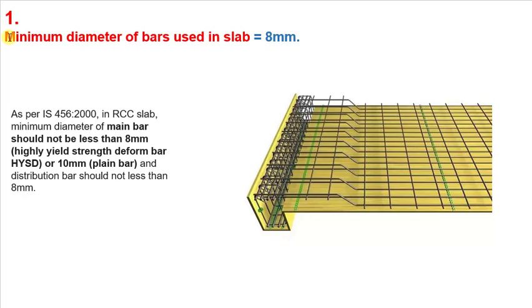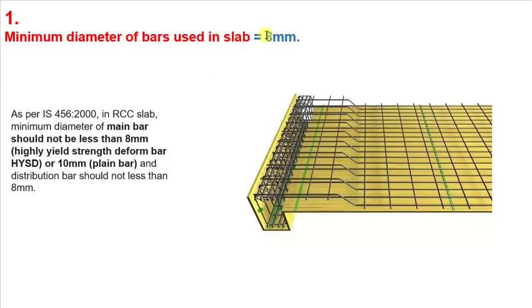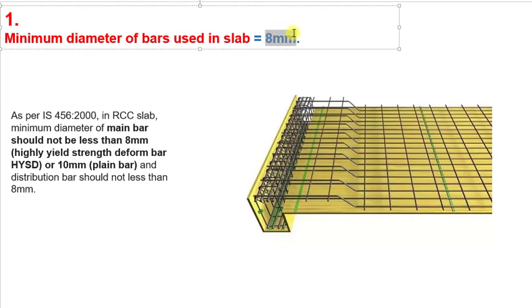The interviewer can ask you, what is the minimum diameter of a bar used in slab? Obviously there is a limit of the diameter of the bar or reinforcement which we usually use in the slabs. So in general we use 8 millimeter bars or reinforcement in the slabs.